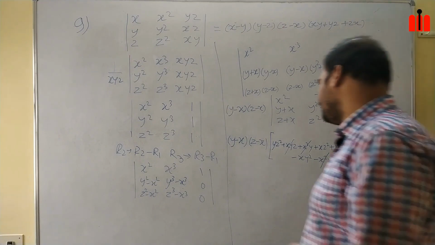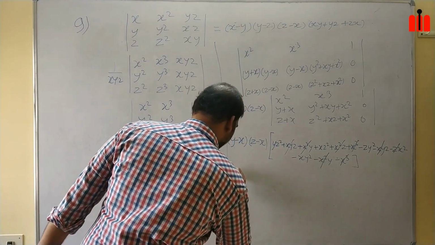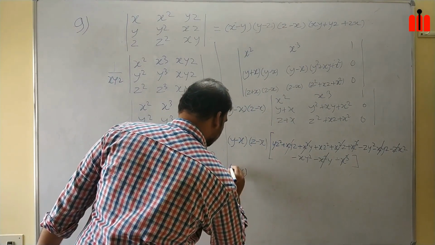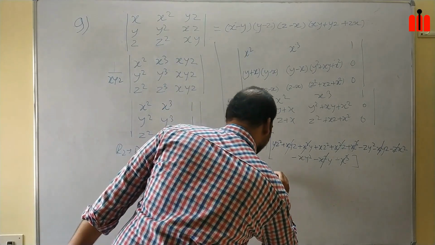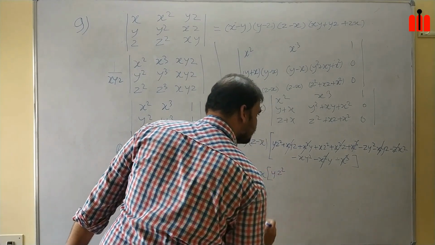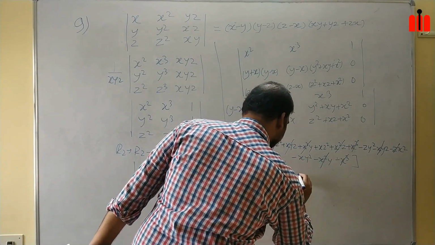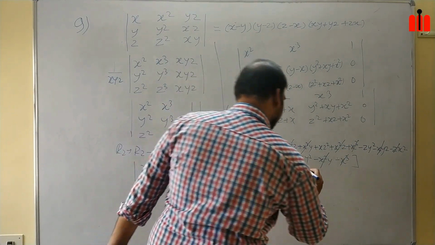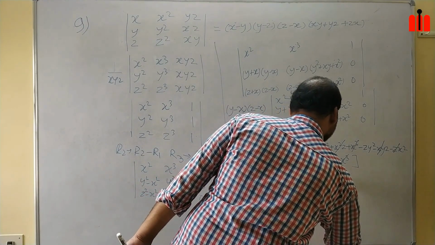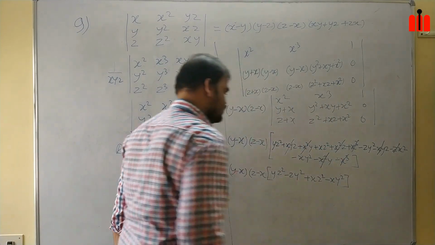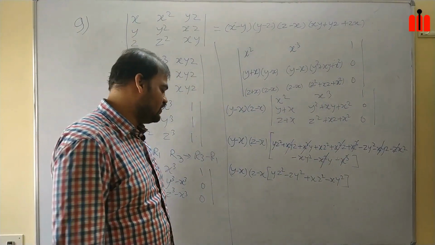Okay, so what we are left with? We are left with y minus x, z minus x. Here it is yz square minus zy square plus xz square minus xy square. So this is what we are left with.